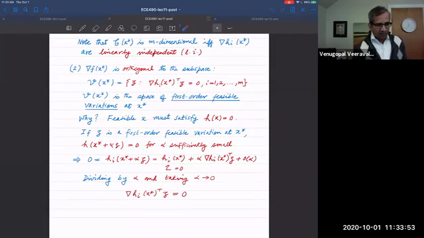Okay, and V of x star can have a much lower dimension than n. So what is the dimension? Suppose I have m orthogonal vectors that are these gradients, and I'm looking at all vectors that are orthogonal to this set of vectors. What's the dimension of that space going to be?